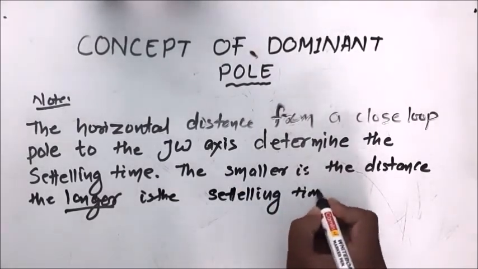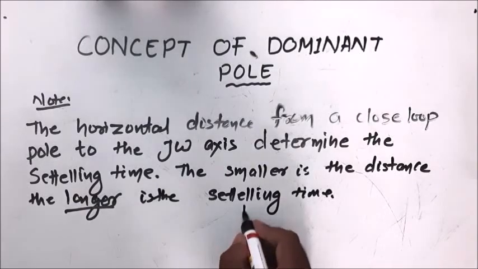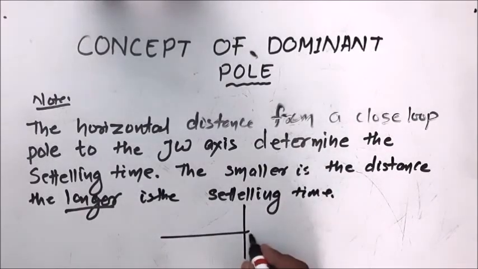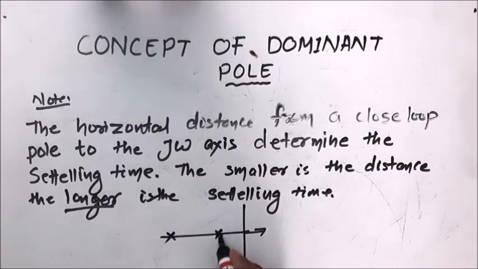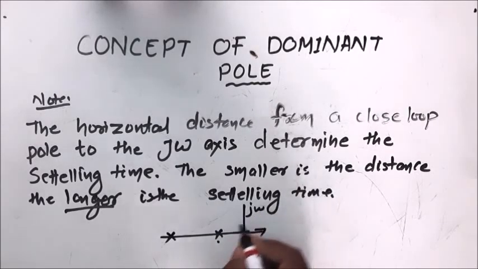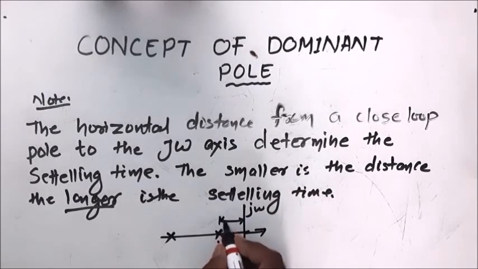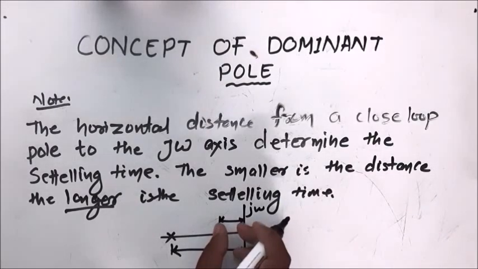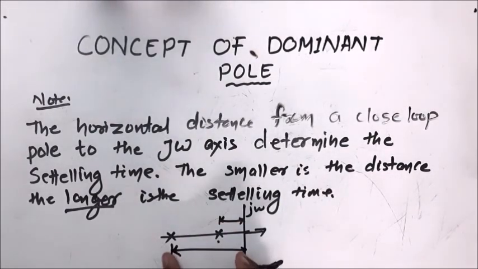That means if this is my j omega axis, and one pole is here and another pole is here, this is the horizontal distance for one and this is the horizontal distance for the other. This distance is less than that one.